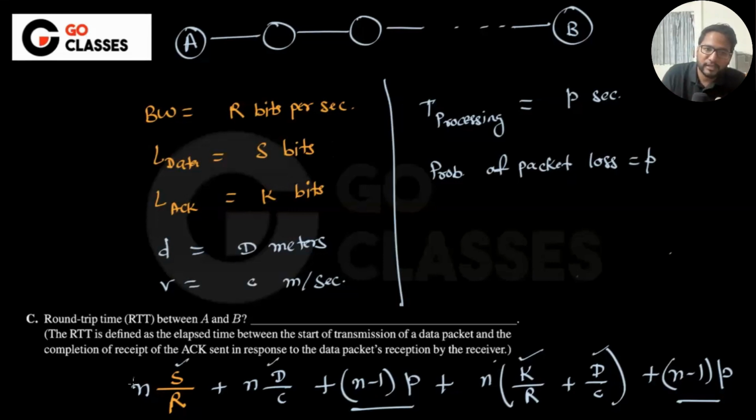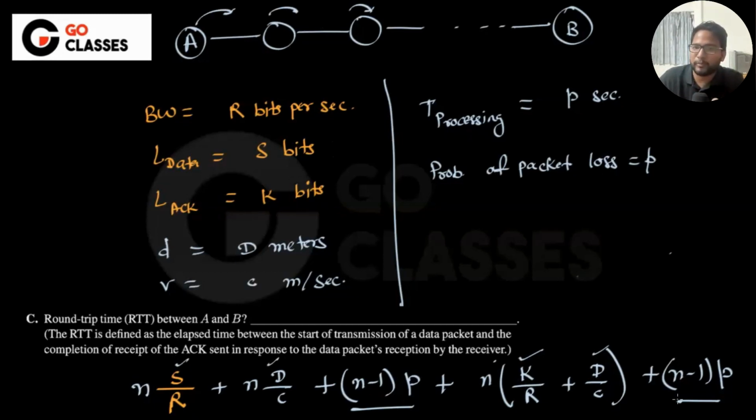Okay, you're not getting this nS upon R. This is the transmission time for the packet over this hop, this hop, and this hop. For one hop it is S upon R. For n hops it will be n into S upon R, since you will transmit every time. Similarly, the acknowledgement will also get transmitted, so for the acknowledgement it is n into K upon R. Not getting it?